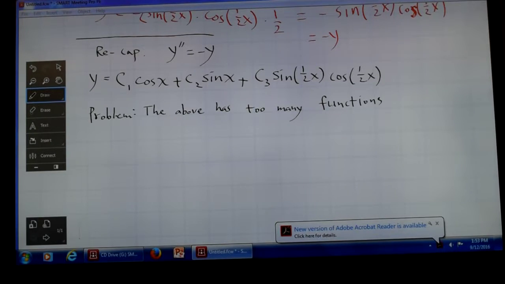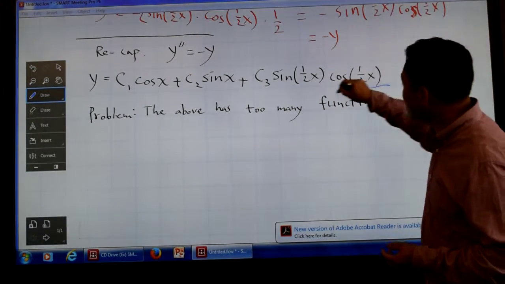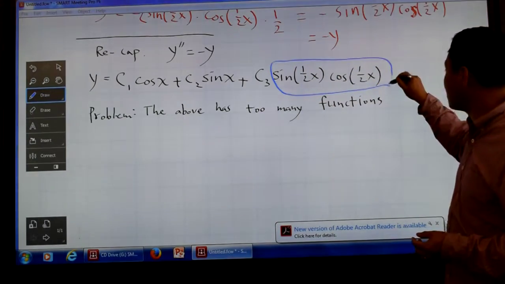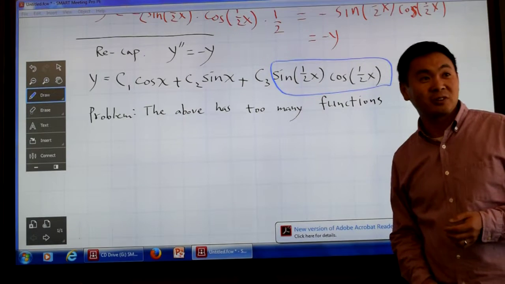What do you think? Wait, so it's because there's a C3, that's what's wrong? Yeah, see, it's a second order, so you should only have until C1 and C2. Did you say C3 is like C1 prime or something? So really, this is nothing new. This is actually included in the previous one.